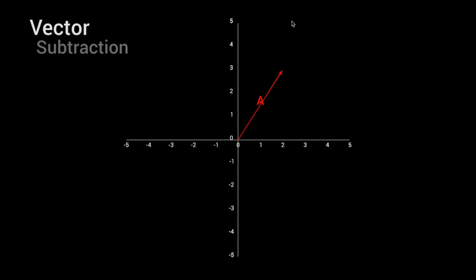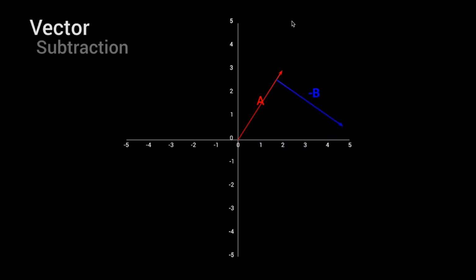Now let's talk about vector subtraction. We again have a vector called A at point 2, 3 and another vector called B at -3, 2. Now, to subtract vectors, first we invert vector B by multiplying it by -1. This turns vector B into -B.